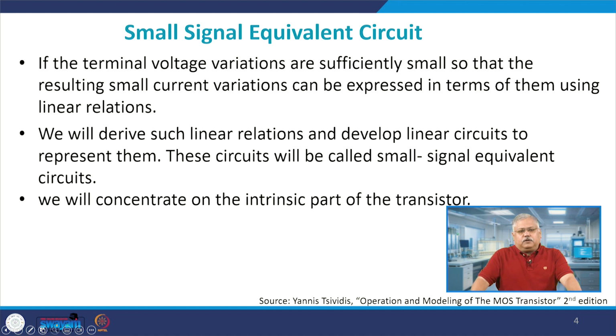Let me first explain the last point which you see here, which is basically the intrinsic part of a semiconductor device. Let me give you a brief idea about what the intrinsic part is, and then we can concentrate on the first 2 points of the equivalent circuit.